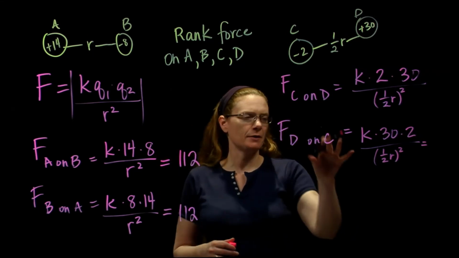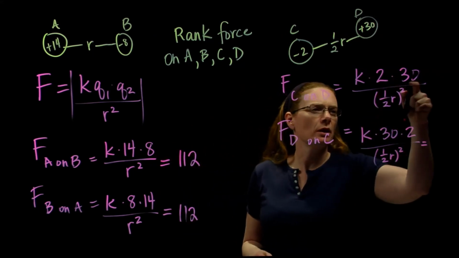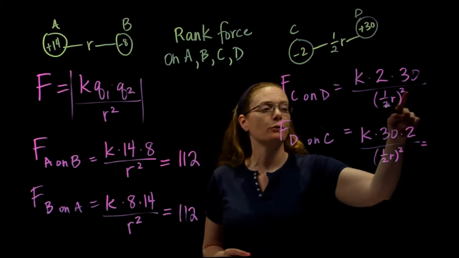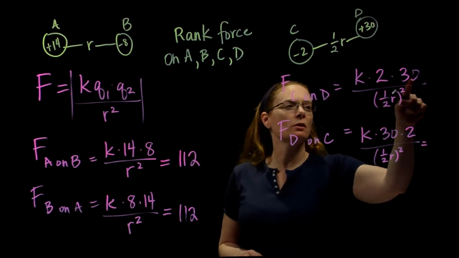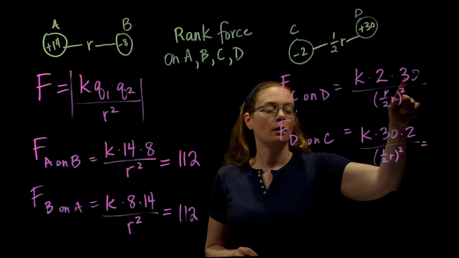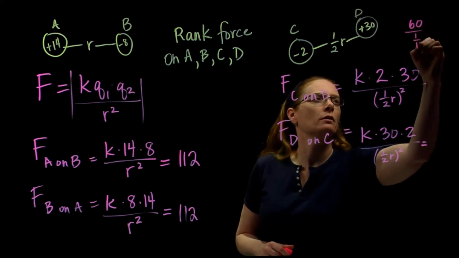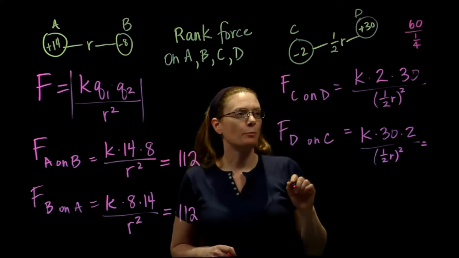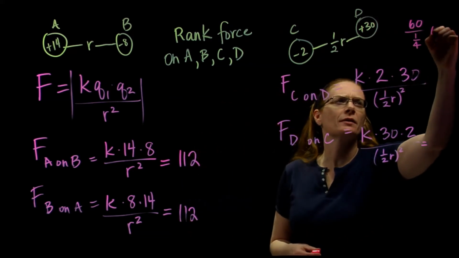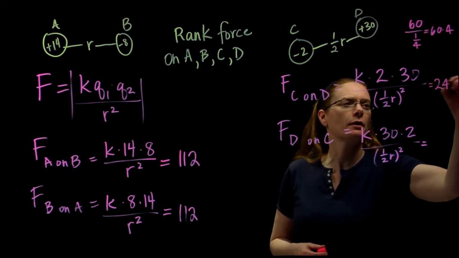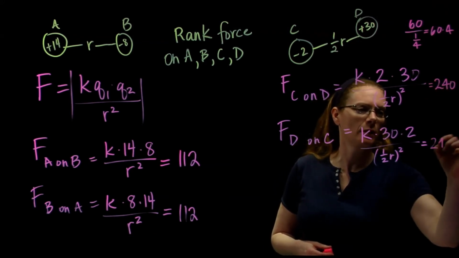So I have 2 times 30 divided by, and again, you have to be careful, divided by 1/2 squared. So 2 times 30 is 60, and then it's going to be 60 over 1/4. But 60 over 1/4 is the same as 60 times 4. I can do that one in my head. 240. And this is the same, 240.